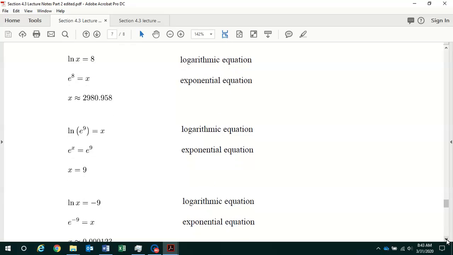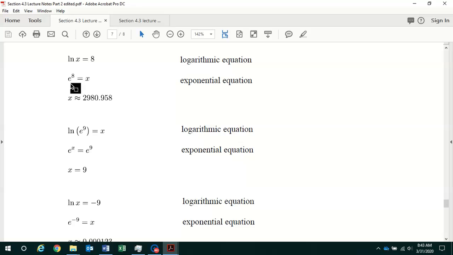In the next example, we have the natural log of x is equal to 8. What is x? Well, remember, natural log, ln, is log base e. So if we write log base e and convert to the exponential equation, we have e to the 8th power is equal to x.